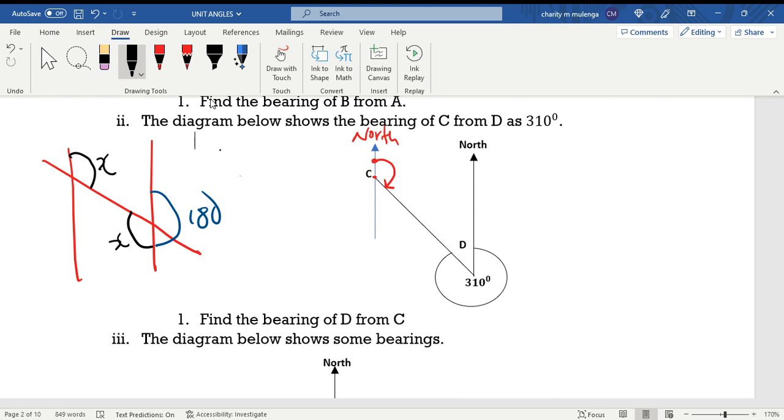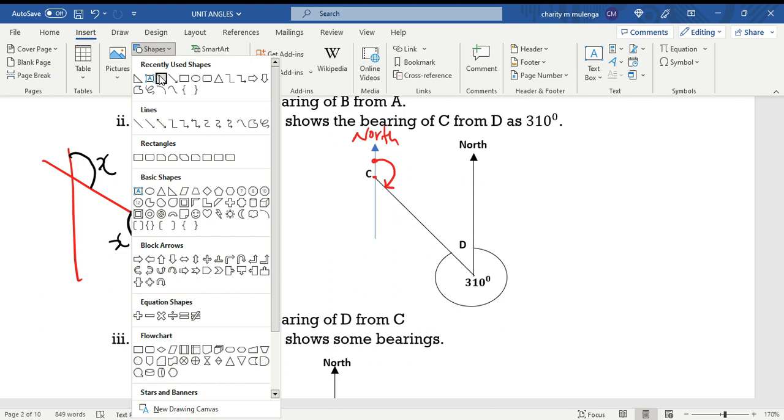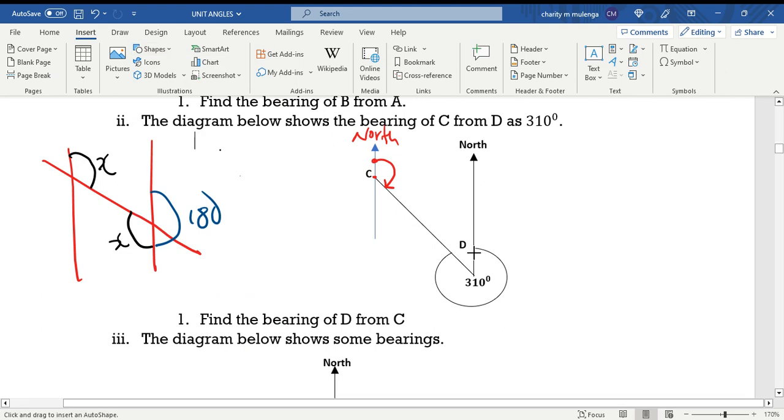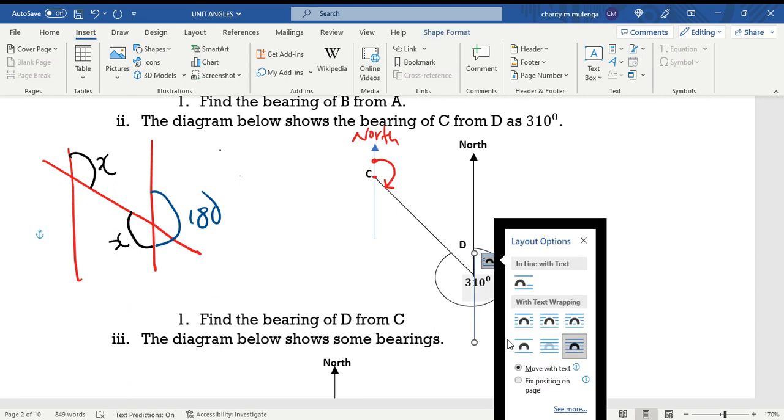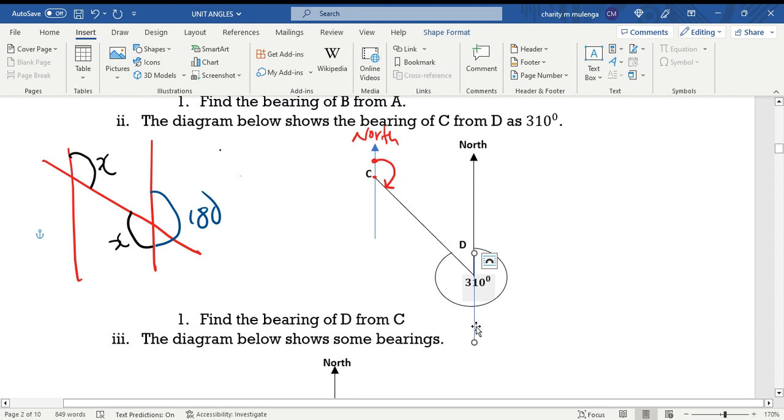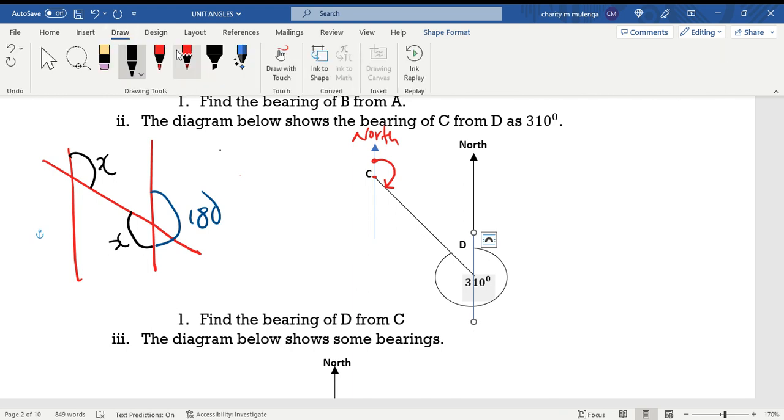If we apply that same technique here, if I split the 310 degrees into two parts, part of the 310, this angle here, is 180 degrees.